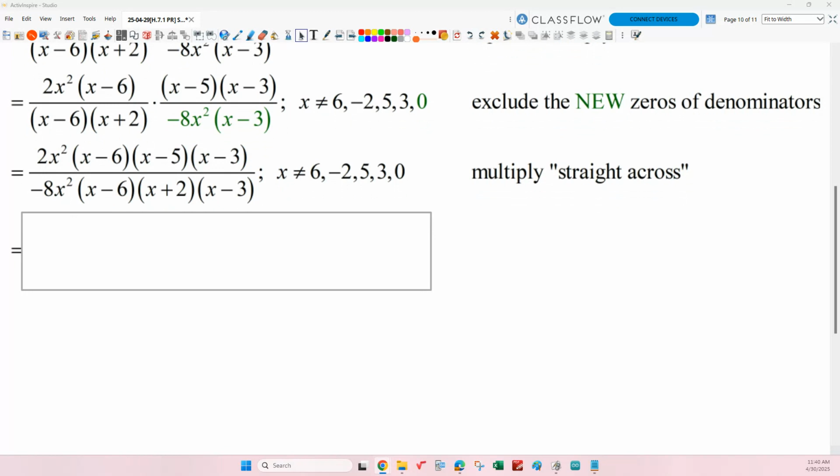Okay, so these ones. What can we do with this? So we take out a 2x squared, and then we're left with what in the bottom? Okay. So that would look like this, right?